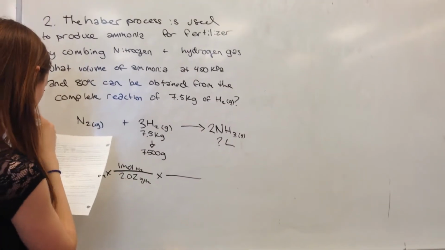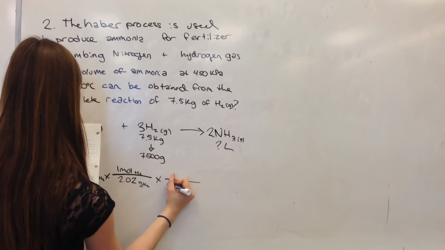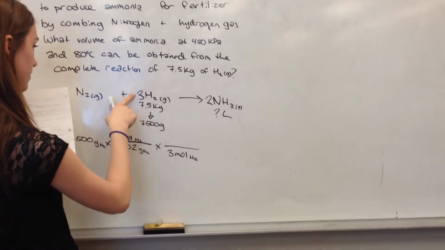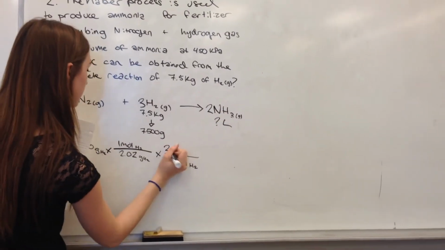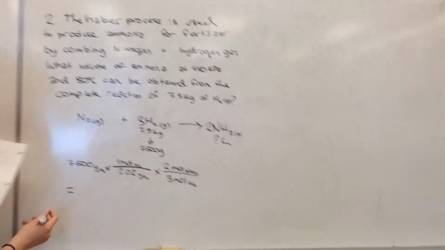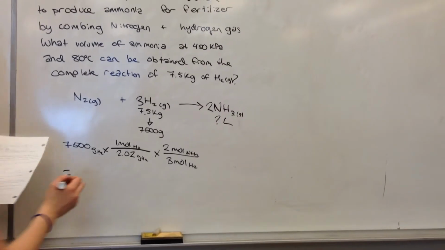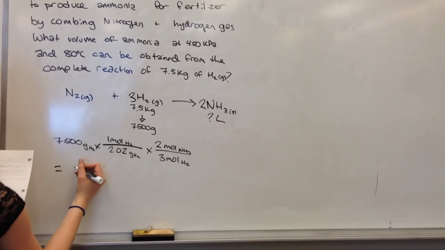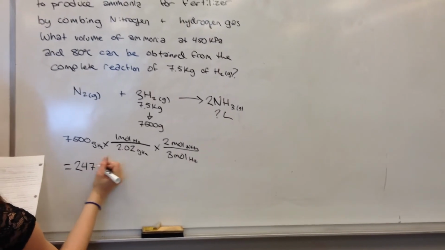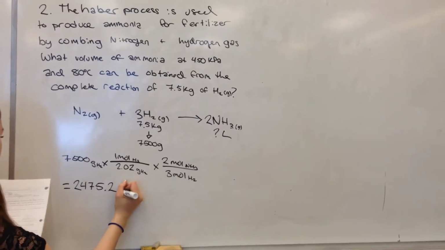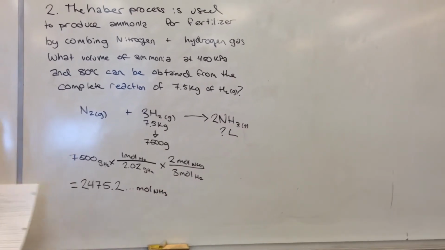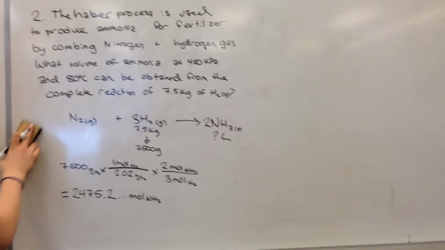Then we use molar ratio. So for every 3 moles of hydrogen, we have 2 moles of ammonia, which gives us the number of moles of ammonia, which is 2,475 moles approximately of ammonia.